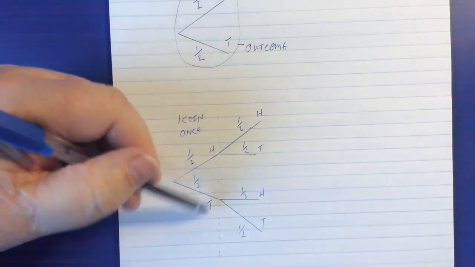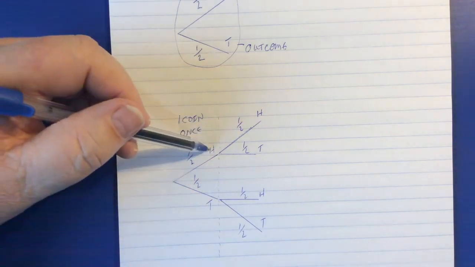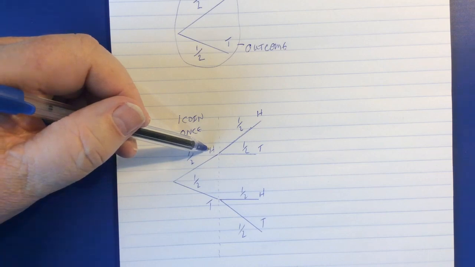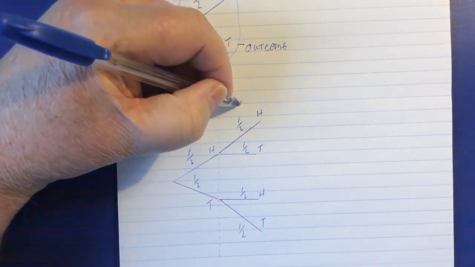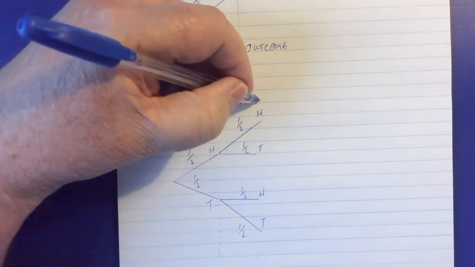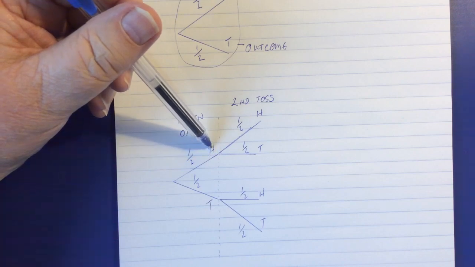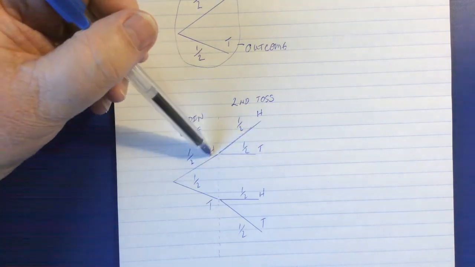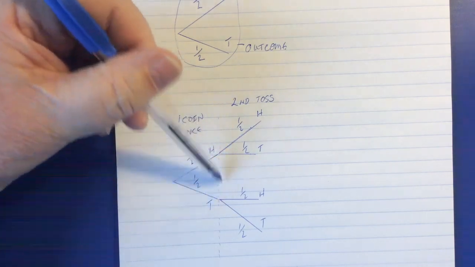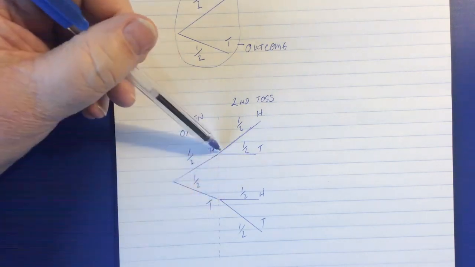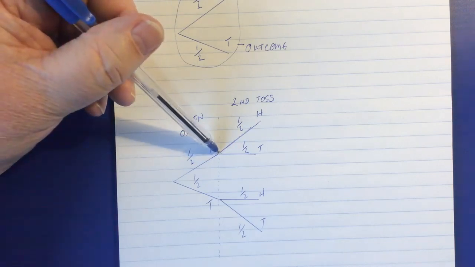So we toss a coin once, we get an outcome. Let's say that we get a head. Then we decide to do a second toss. Now, assuming we got a head the first time, how we illustrate this sequence of events is we join another one of these to the point here, which is where we got a head.